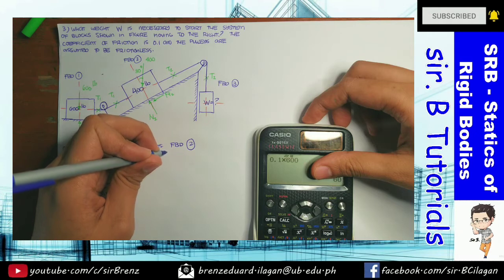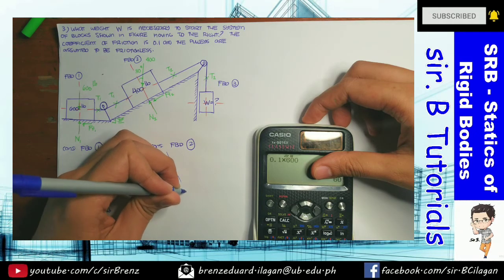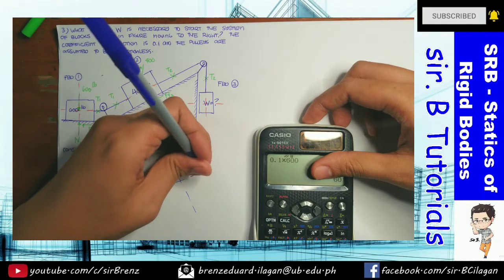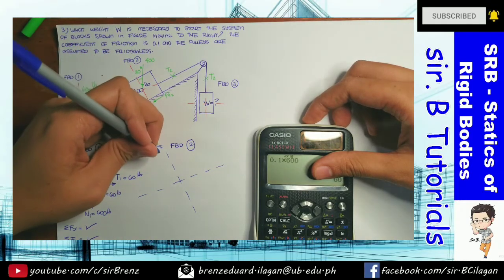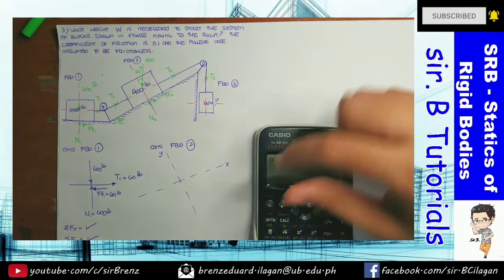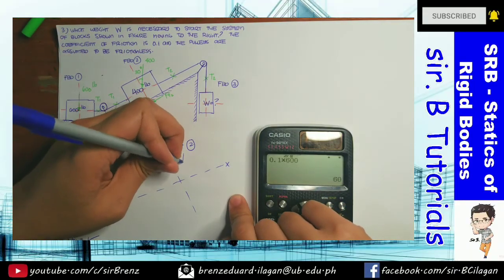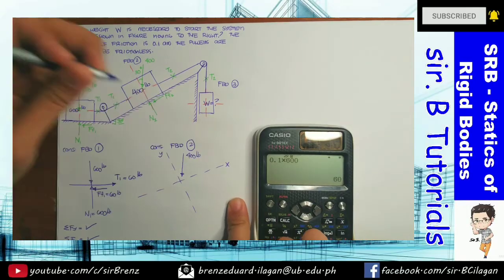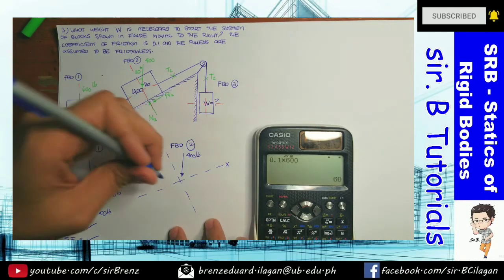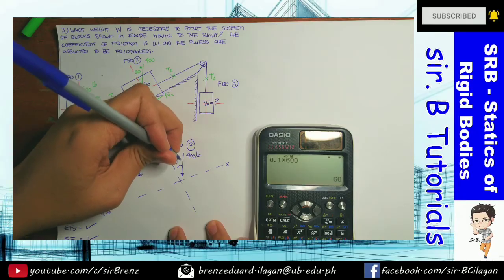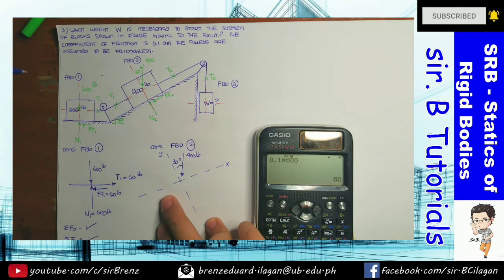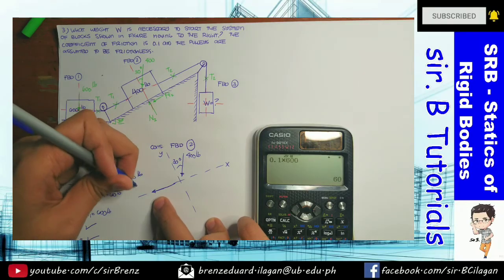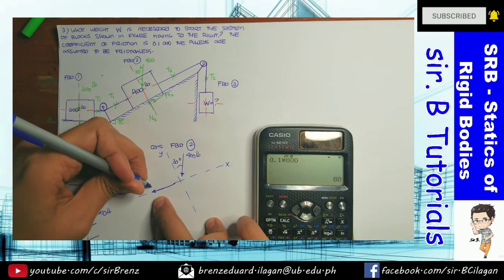Next, so, let's draw the inclined axis. So, this will be our Y, and this is my new x-axis. So, meron ka ditong 400 pound. It's directed downward, so this is 30 degrees. And then the tension in this cable is designated as T1, which is 60 pound.